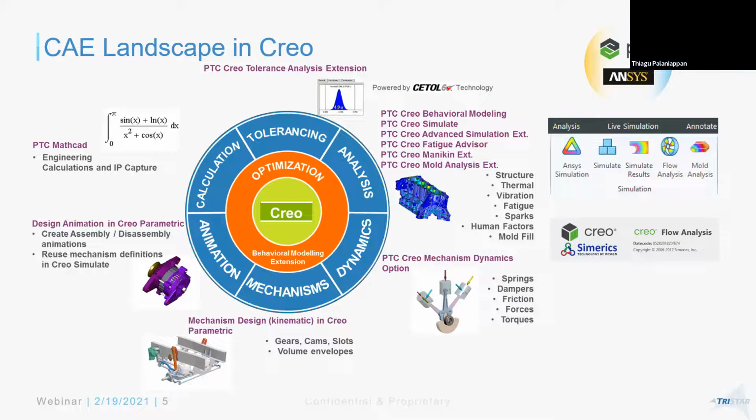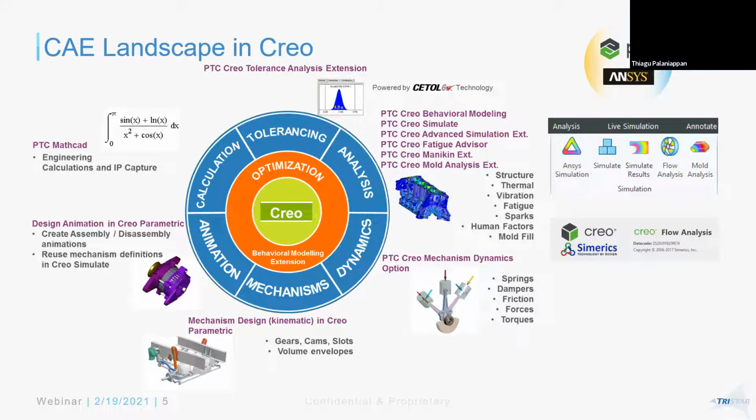And then there are a variety of other simulation tools like mechanism design, mechanism dynamics for force and reaction calculations, right? Then there's MathCAD, there's tolerance analysis. They call it now easy tolerance analysis for 1D tolerance stack up. So this is the overview of the current options you have from an analysis standpoint, right?